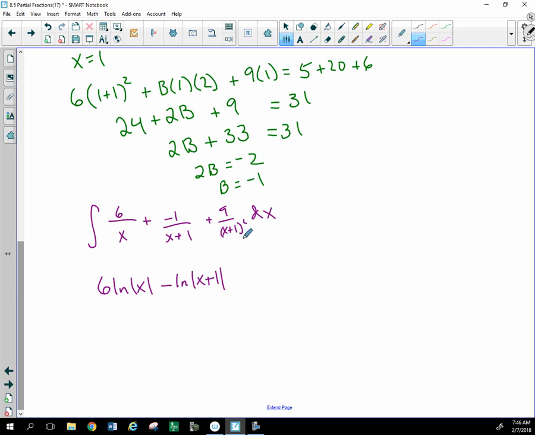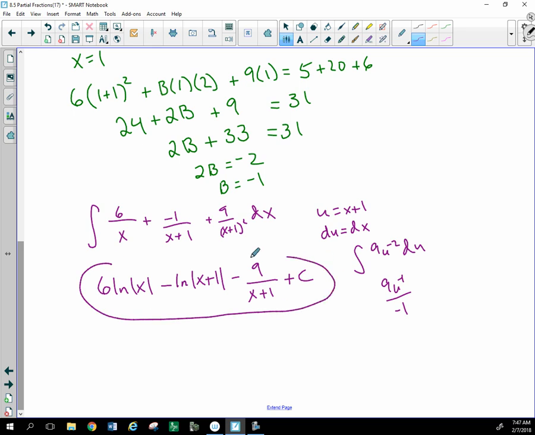If u is x plus 1, du is dx, so I'm basically integrating 9 times u to the -2 du, which gives me 9u to the negative 1 over negative 1, which translates to negative 9 over x plus 1, plus c.